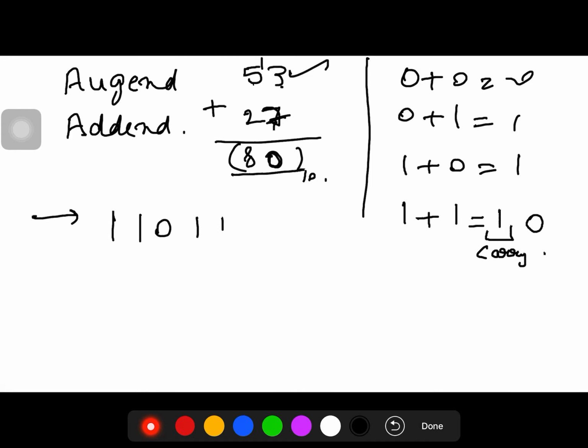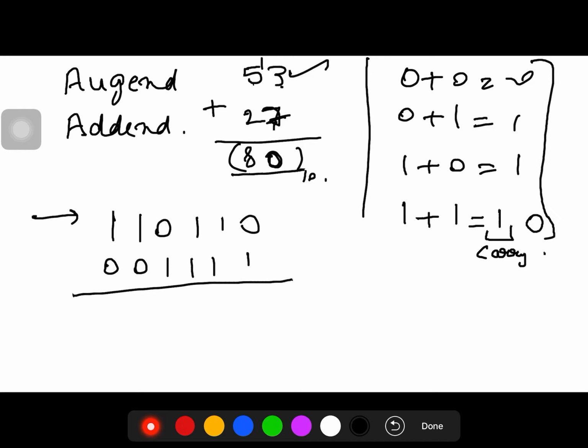This is important. Suppose we are given the augend as 110110, and the addend as 001. What would be the answer? Utilize these formulas to perform binary addition. 0 plus 1 would be 1, 1 plus 1 would be 0 and 1 carry.